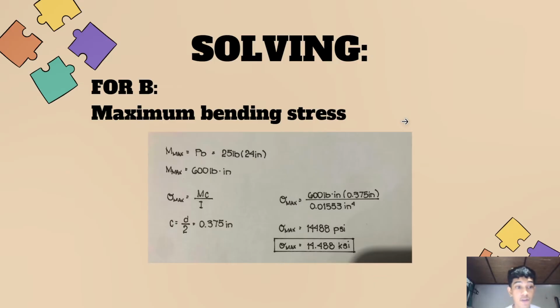Using the flexure formula, maximum stress is equal to MC all over I, where C is equal to d over 2 is equal to 0.375 inches. The maximum bending stress becomes 600 pound inch times 0.375 inches all over 0.01553 inches raised to 4.